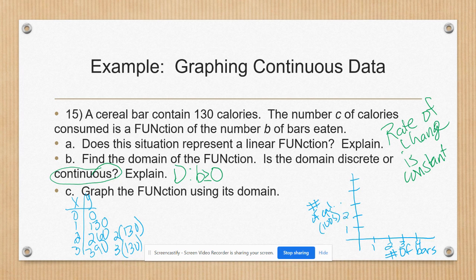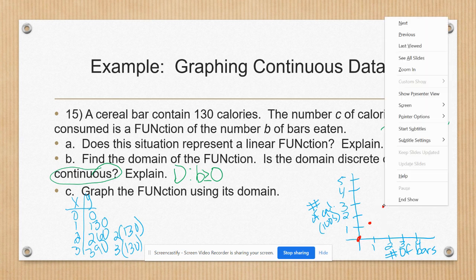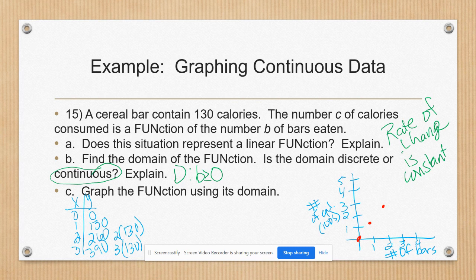So 1, 2, 3, 4, 5, meaning 100, 200, 300, 400, 500. So plotting this, 0 bars, 0 calories, 1 bar, 130 calories, so estimating about right there. 2 bars, 260 calories, a little more than half. 3 bars, 390 calories, which is just under 400.